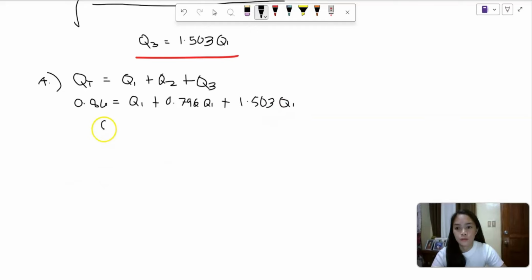So shift solve, plug in the calculator. You already have a value of flow in pipeline 1, which is 0.261 cubic meter per second.